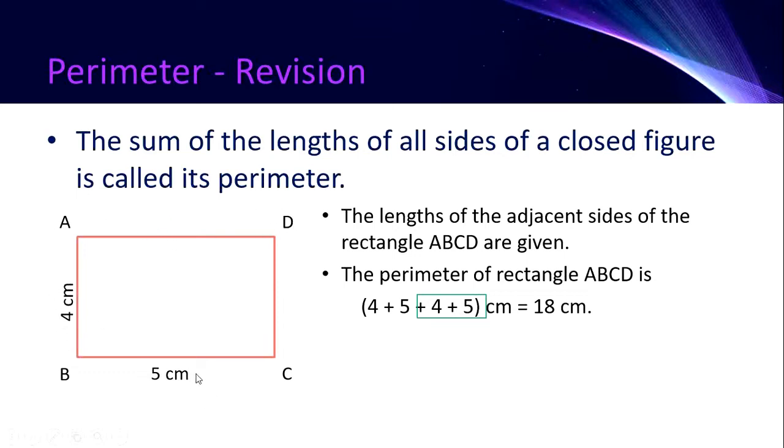So 4 plus 5 plus 4 plus 5. As we add all these centimeters together, we get 18 centimeter. 4 plus 5 plus 4 plus 5 gives us 18 centimeter. And 18 centimeter is the perimeter of rectangle ABCD. So this is how you find out the perimeter.